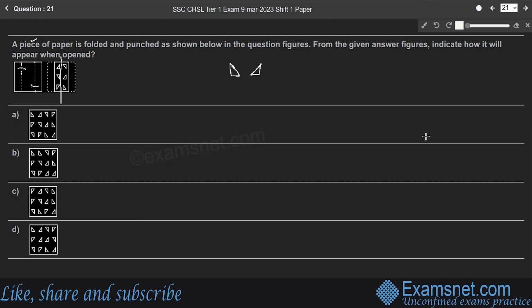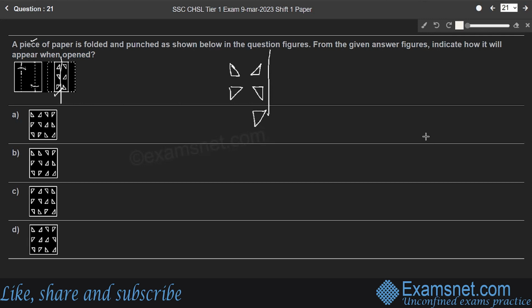And the second figure is like this, second cut portion. And when the paper is unfolded, it looks like this. And the third cut portion is like this, this one.